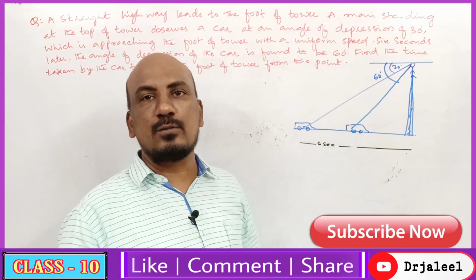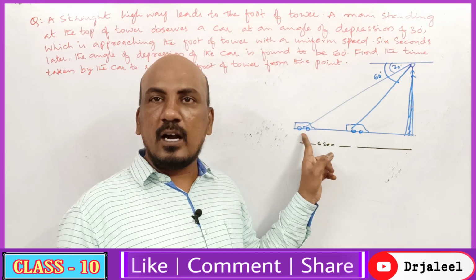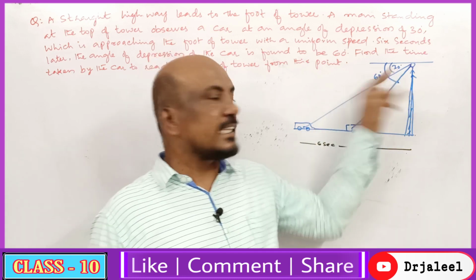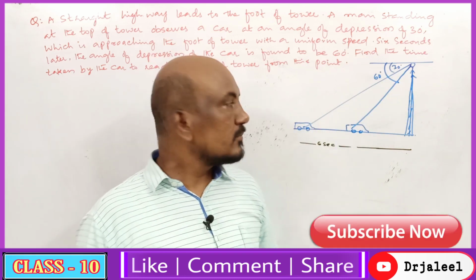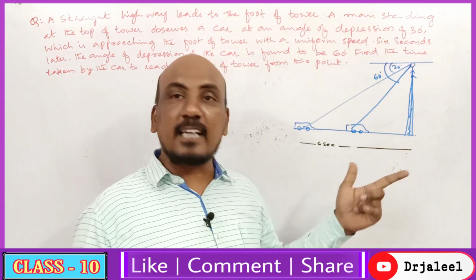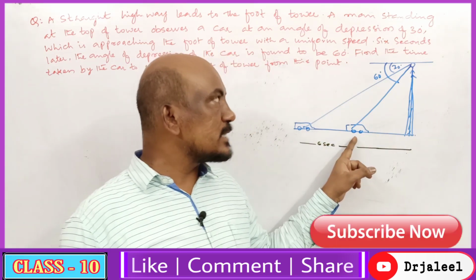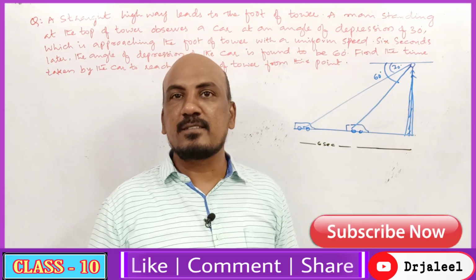Enemies are coming close to the fort. First he saw the horse and it was making 30 degrees of angle of elevation. Second time, after 6 seconds, again he saw the same horse. It's running fast towards the fort, so it's making an angle of 60 degrees.